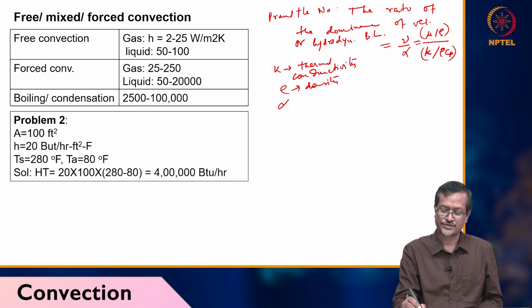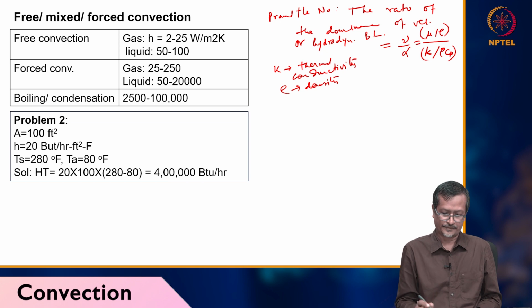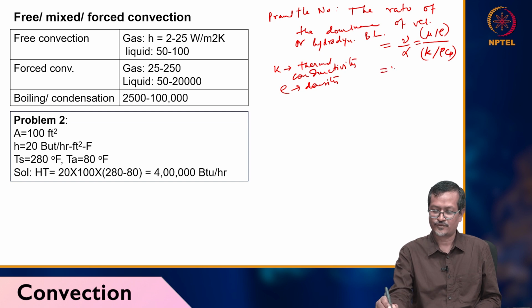Alpha is k by rho Cp. So it is momentum diffusivity by thermal diffusivity.